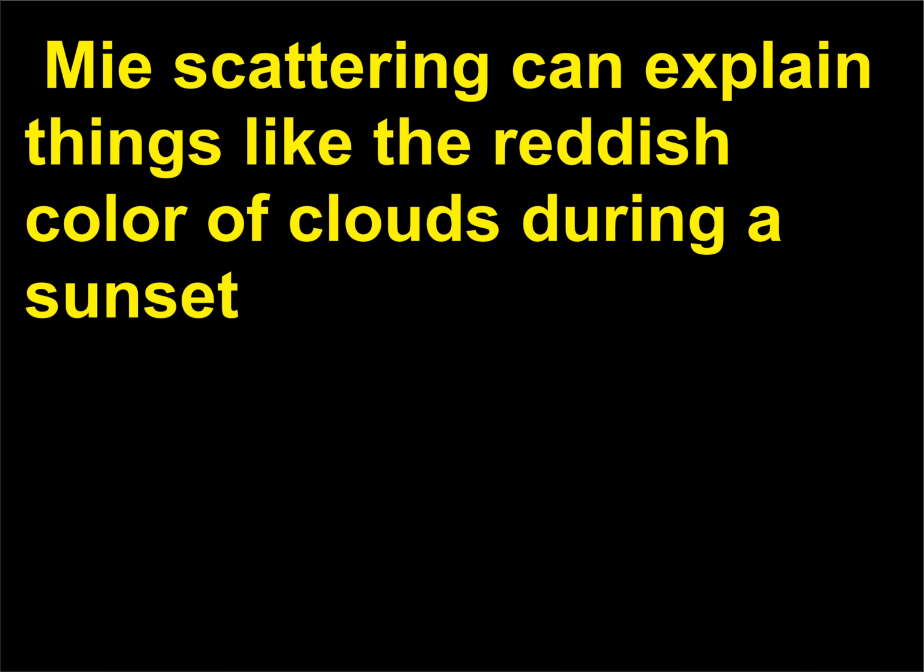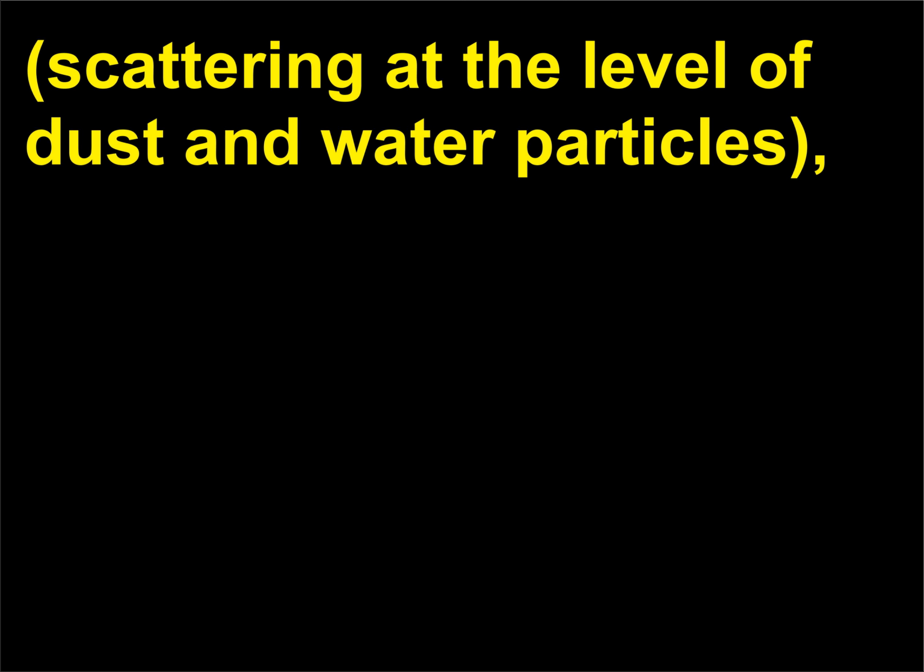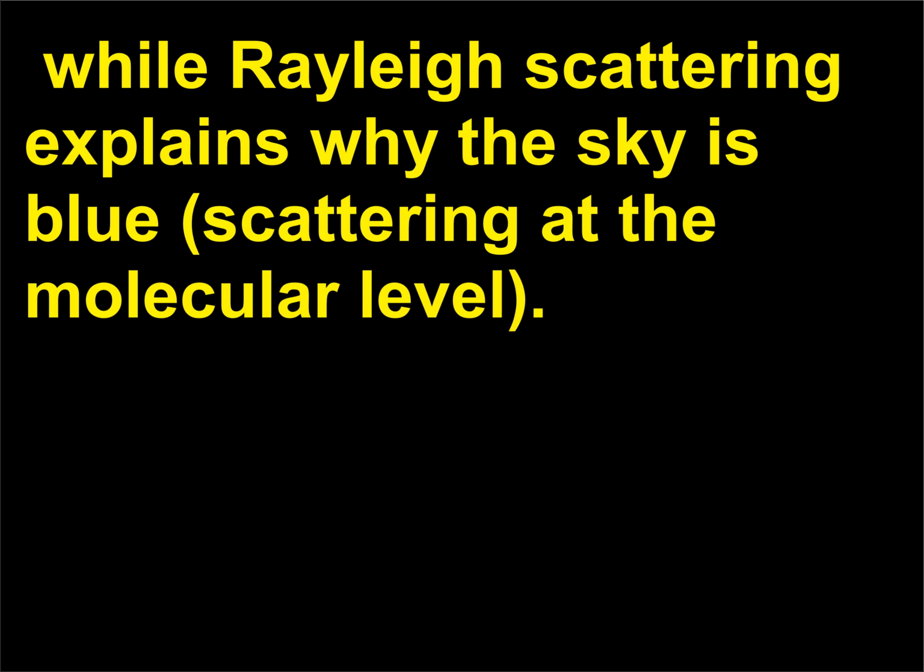Mie scattering can explain things like the reddish color of clouds during a sunset, scattering at the level of dust and water particles, while Rayleigh scattering explains why the sky is blue, scattering at the molecular level.